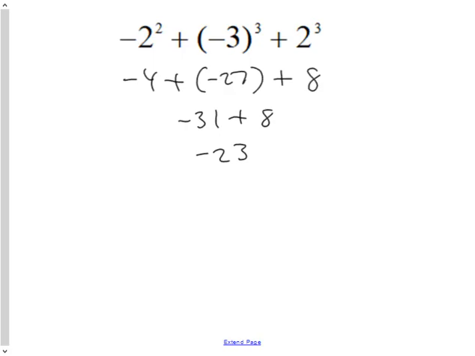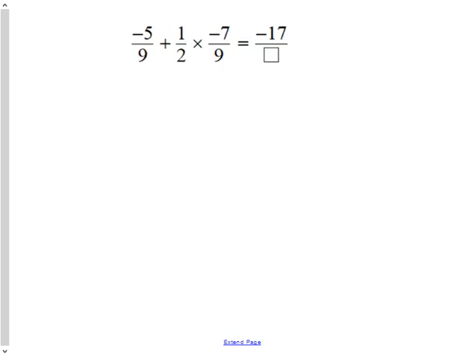Let's look at the next one. Oops, daisy. We have a fraction question. So when we do this, the first thing we're going to do is our multiplication here. So I'm going to take my highlighter and do this multiplication right here first. Negative 5/9 plus negative 7/18. Common denominator is 18, so I'm going to change this because I'm adding.